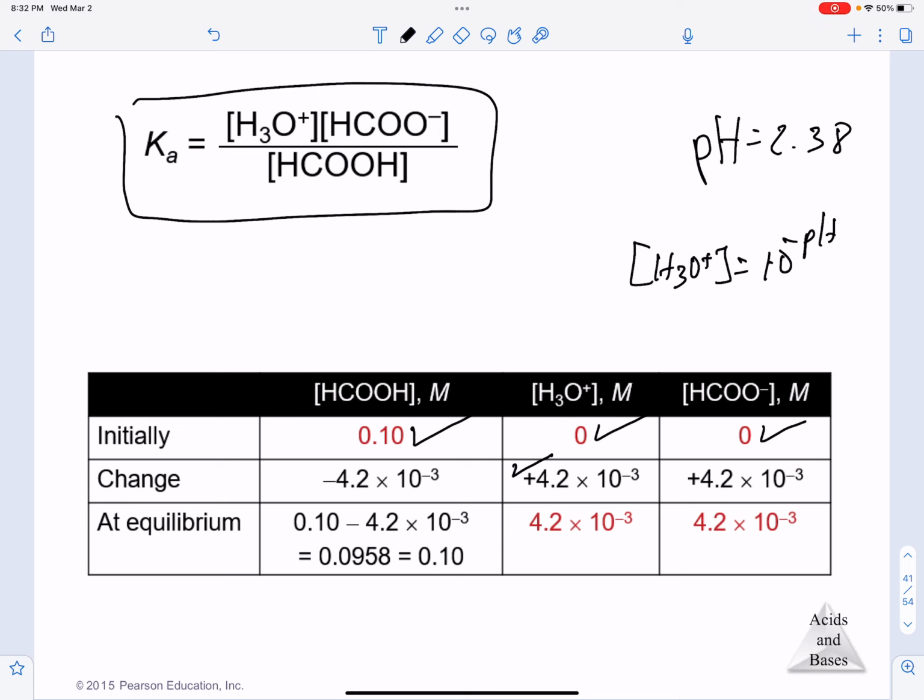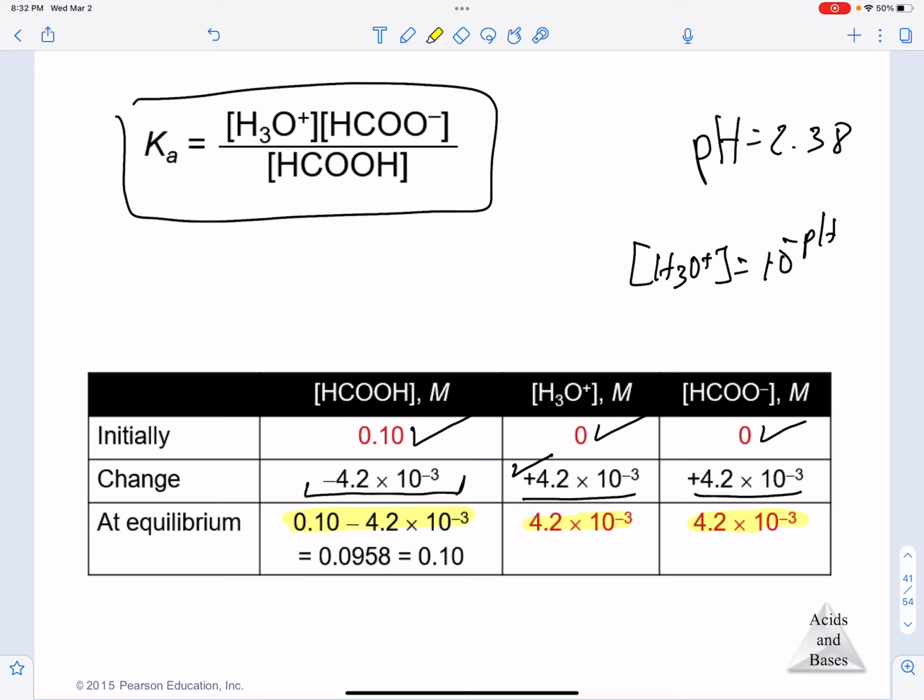When we do that, we get 4.2 times 10 to the minus 3, which is the same as the formate. And we know that it's 1 to 1 to the formic acid, so this much formic acid is going to be consumed. So we set up the expression. This is how much you're going to have at equilibrium, the initial minus what became the hydronium. This is how much you have of hydronium at equilibrium, which is 1 to 1 to the formate.